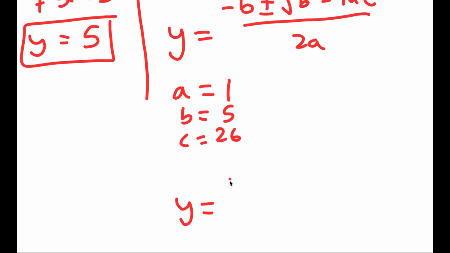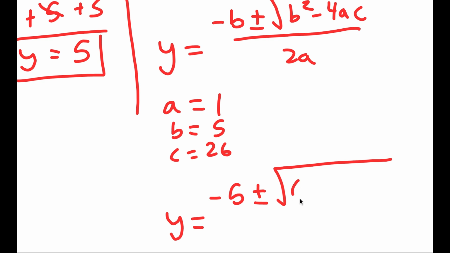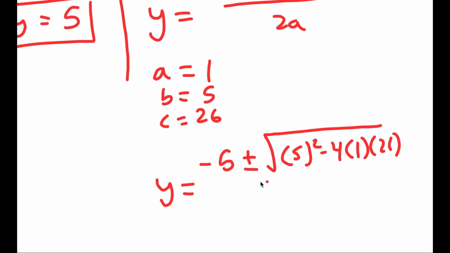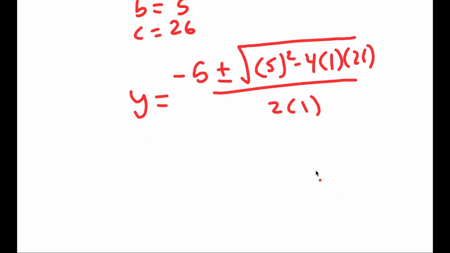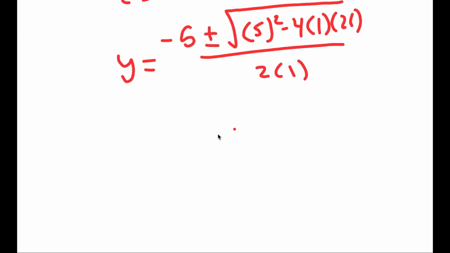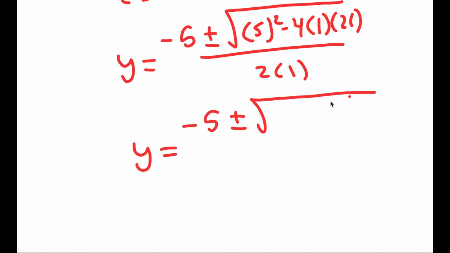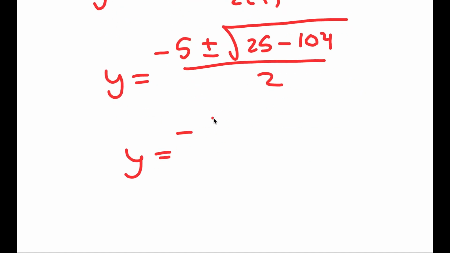So I get y is equal to negative 5 plus or minus the square root of 5 squared minus 4 times 1 times 26 all over 2 times 1. And this is equal to negative 5 plus or minus the square root of 25 minus 104 over 2, which is equal to negative 5 plus or minus the square root of negative 79 over 2.